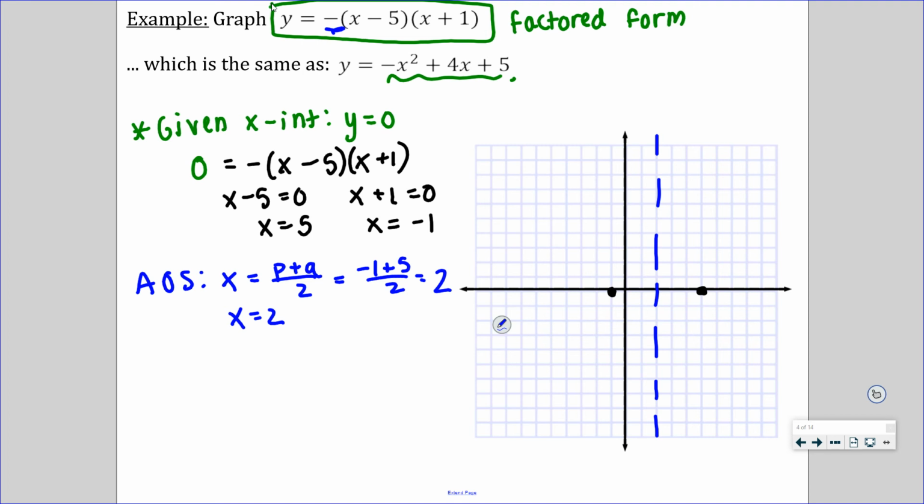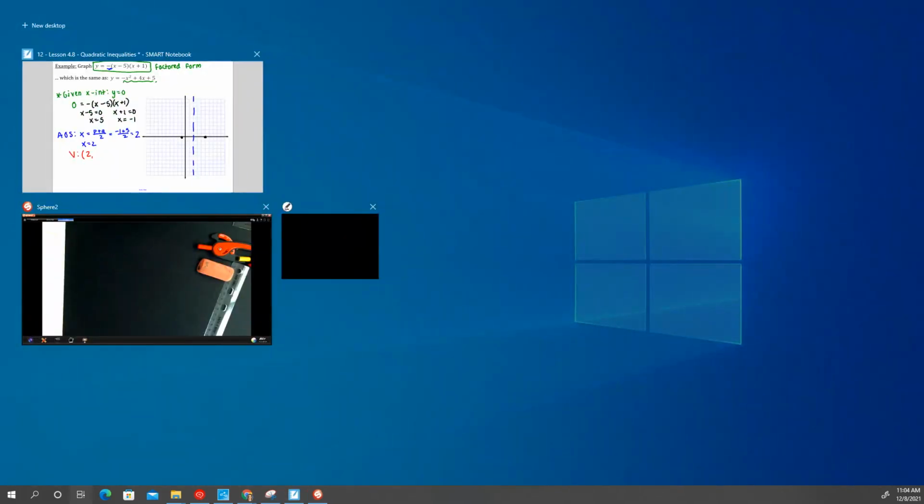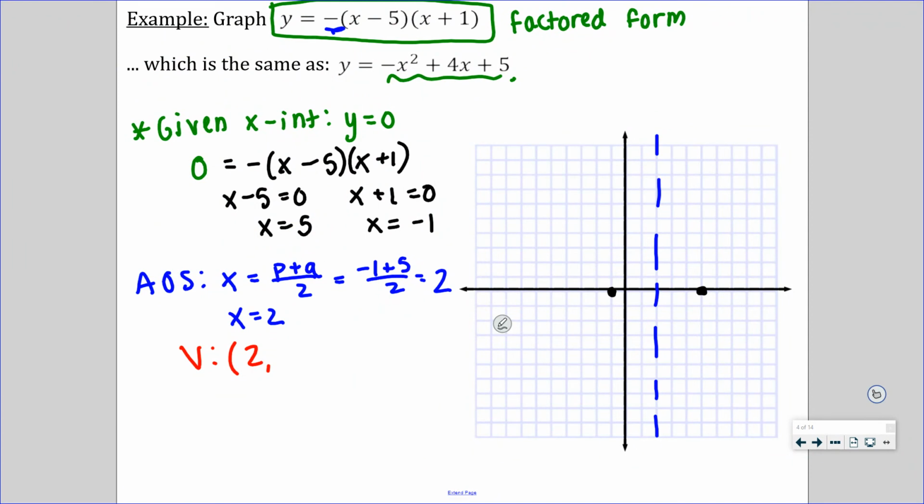So then my vertex, what's going to be the x coordinate of my vertex? 2 something, right? It's got to be on my axis of symmetry. So from here, the only way you can find the other point is just by plugging it into your equation.